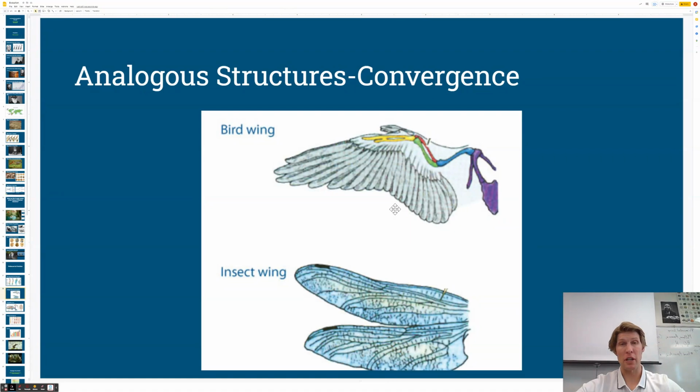So, this actually shows convergent evolution where they lived in a similar habitat or environment, and so they had similar needs, and so they converged to have the same trait, which is flight. So they both fly and they develop those traits differently, so they don't have the same structure for that trait, but they do have the same trait. That's analogous. It shows convergent evolution because they've converged to have the same trait.